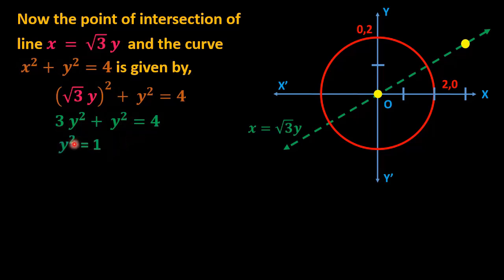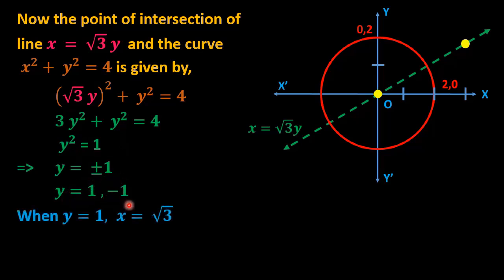Since it is a square, the value of y will have 2 values: y equals plus or minus 1, that is, y equals 1 and minus 1. These are the 2 values for y. Now we put y equals 1 here, then you will get x equals root 3. So when y equals 1, x equals root 3. This is a point here. And when y equals minus 1, if we put minus 1 here, then x will be minus root 3.